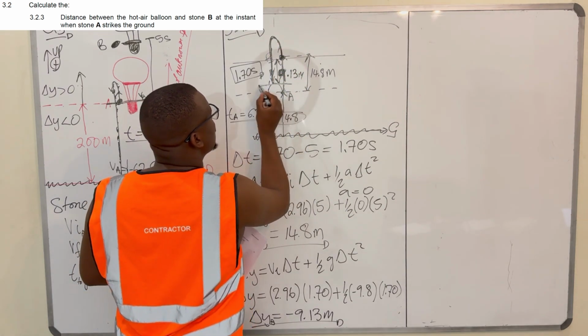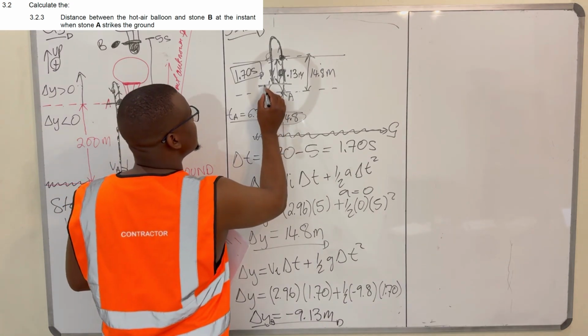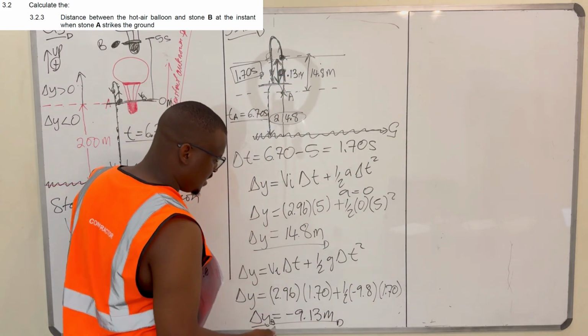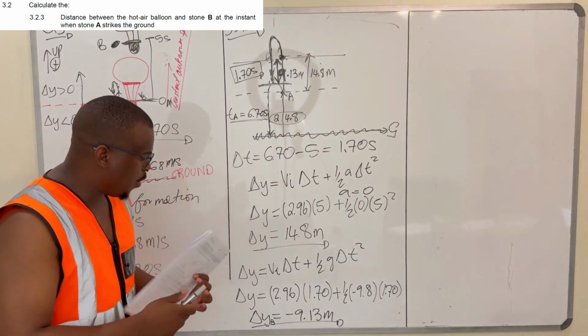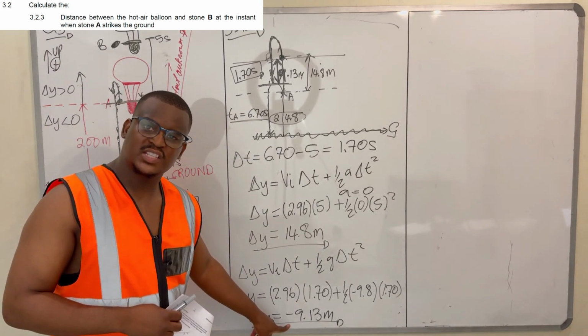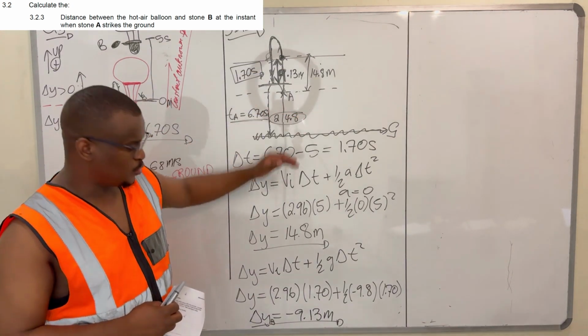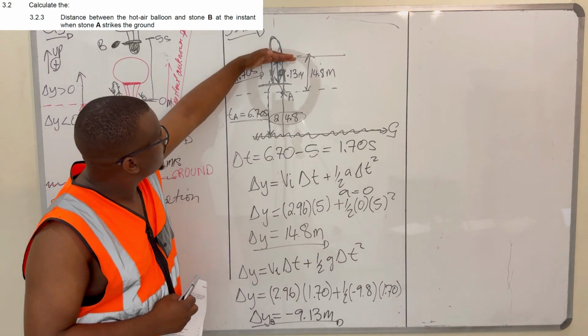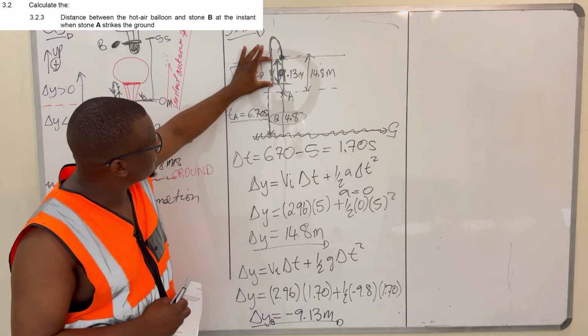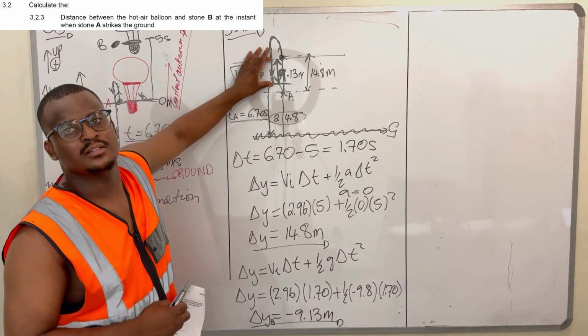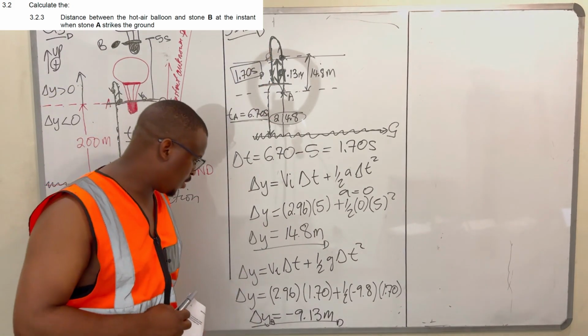So after 1.70 seconds, ball B is here, and the distance between ball B and where it started is 9.13 meters. Negative means below where it started, which means from where it started to where it is, the displacement is 9.13. Right? No problem.